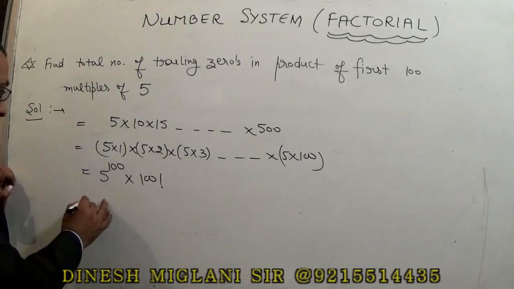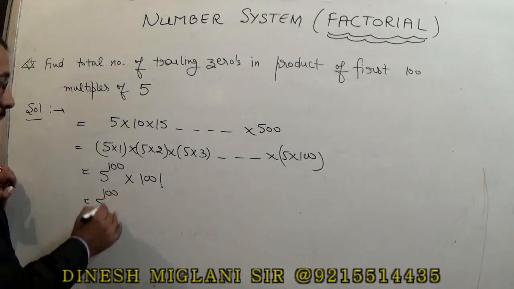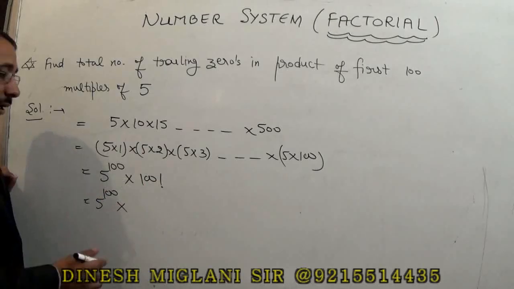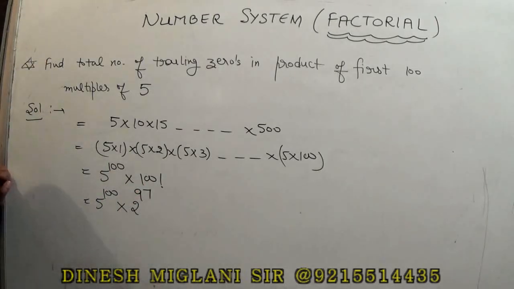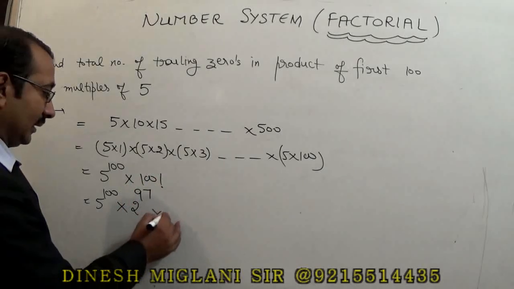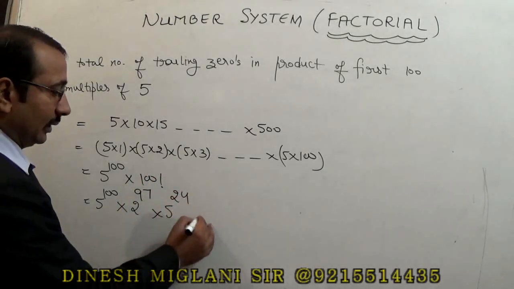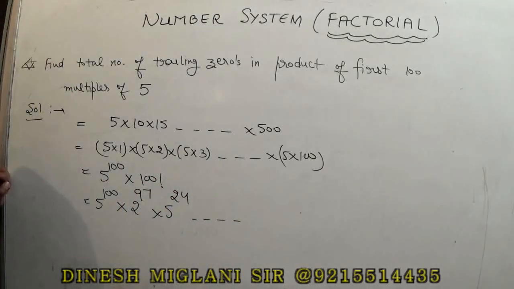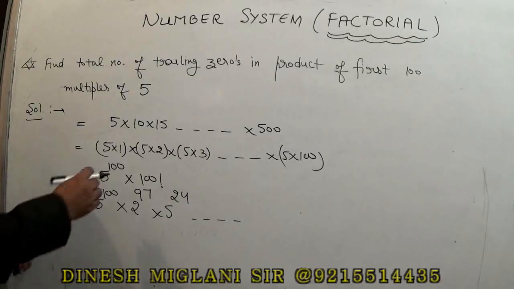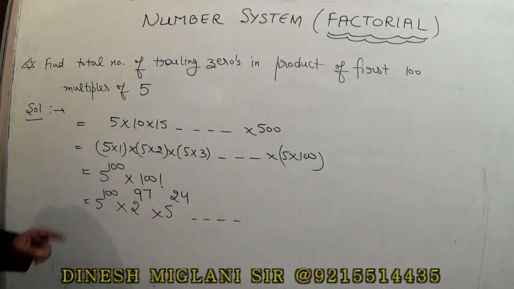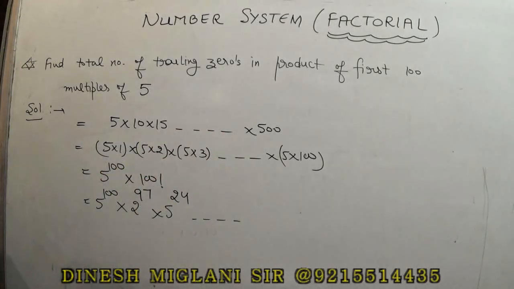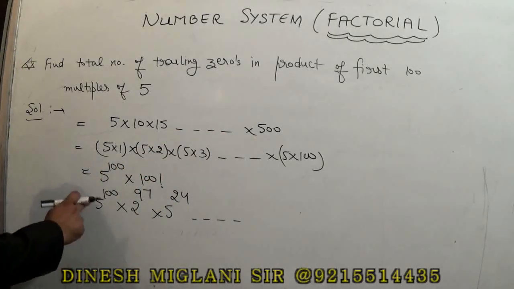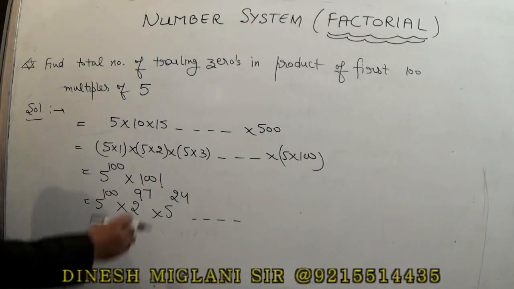For answering this, I have 5 raised to power 100 into 100 factorial. I know that in 100 factorial, 2 has 97 powers, as well as 5 has 24 powers, which we have told earlier.